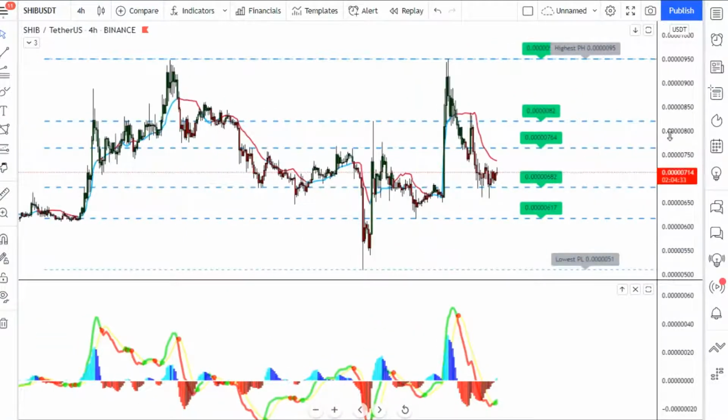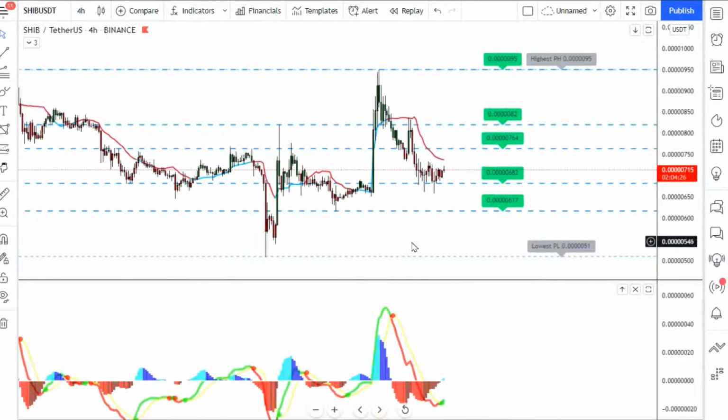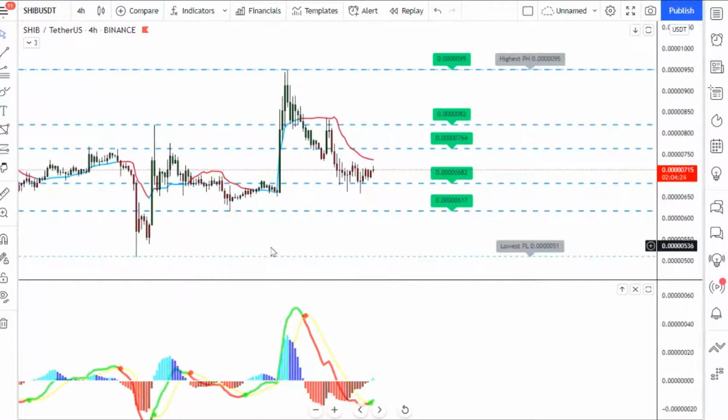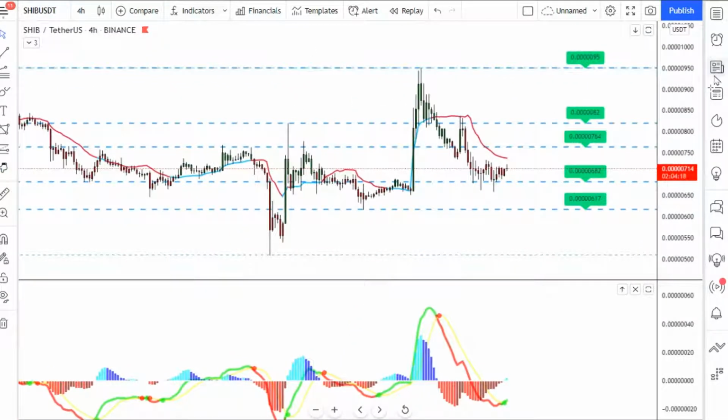So I think the Shiba was listed on Coinbase, and that's why it was just boosted like this. And I think it was also listed on Binance US.